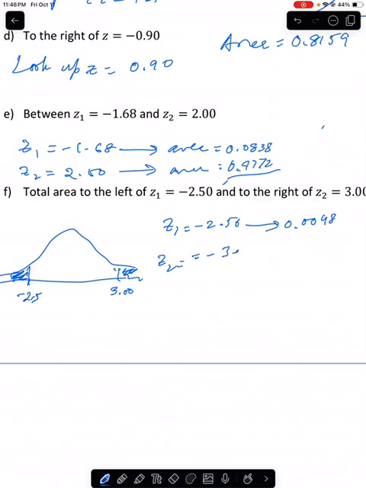So our area will be equal to the sum of these two, 0.0048 plus 0.0010, which gives you 0.0058. So that will be the answer.